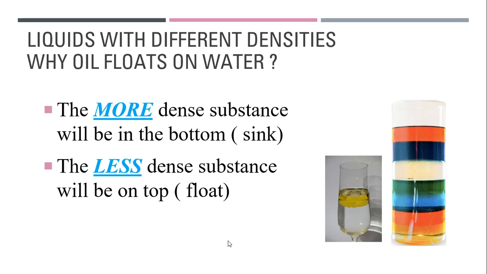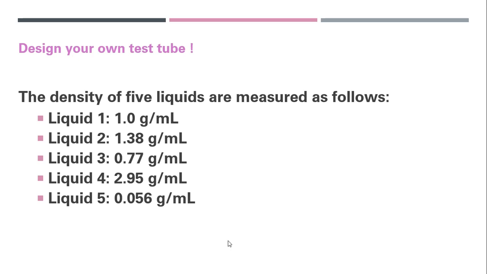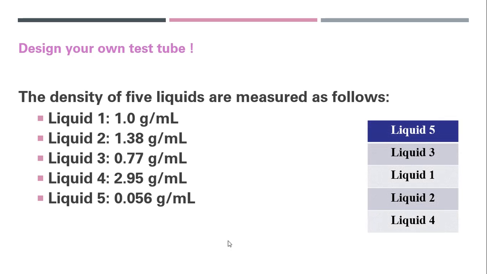Okay, now I have already demonstrated for you the floating of an oil layer over water, right? And we agreed that the less the density of the substance, the more it will float. So we arranged these liquids from the most dense to the least dense on the top.